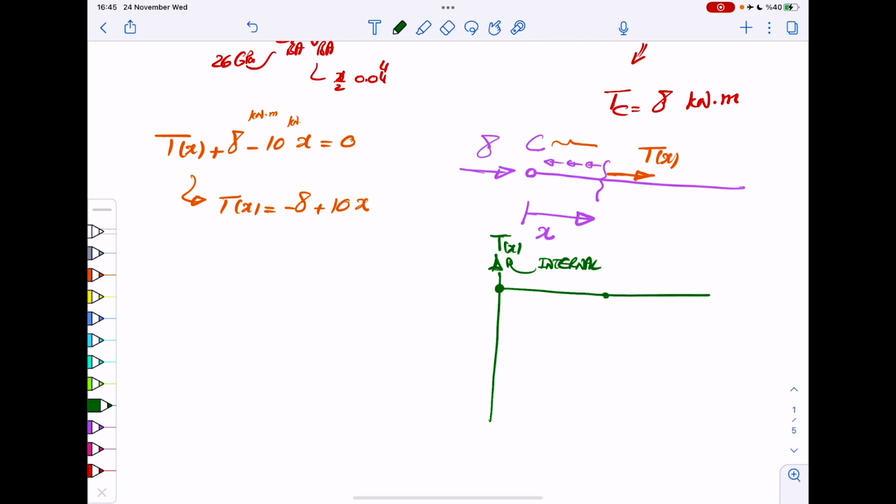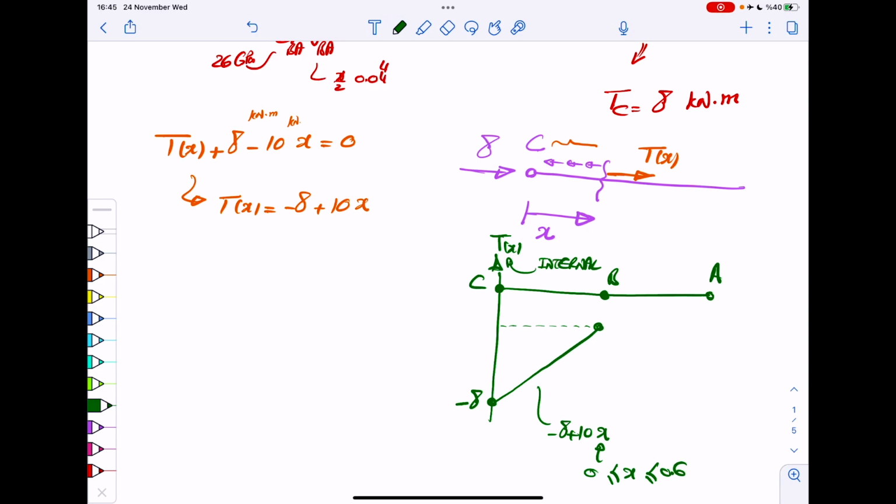This is C, this is B, and this is A. It's going to be minus 8 at C. Then with this line, minus 8 plus 10x, it goes all the way for x between 0 and 0.6.